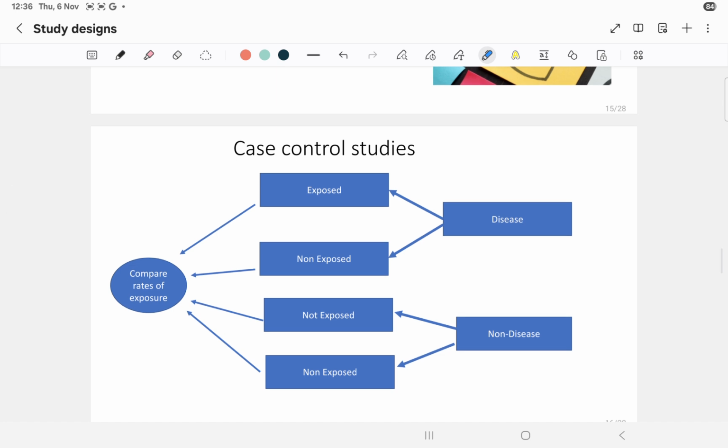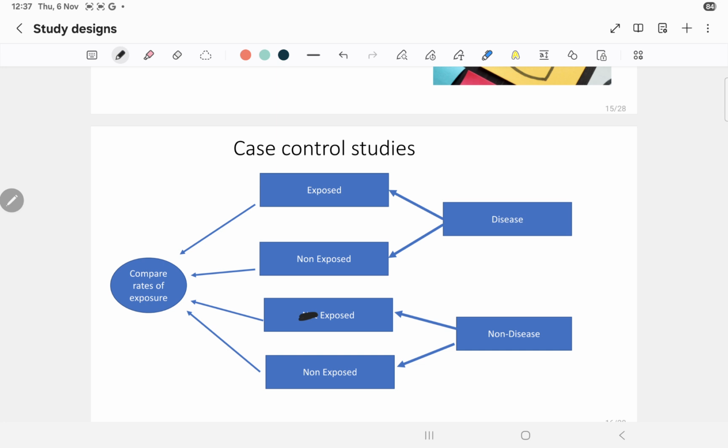So this is the design of a case control study. You take diseased individuals and non-diseased individuals. You go back in the past in both these groups to see how many were exposed and how many were not exposed to the risk factor. This label should actually say exposed. I am sorry about that.